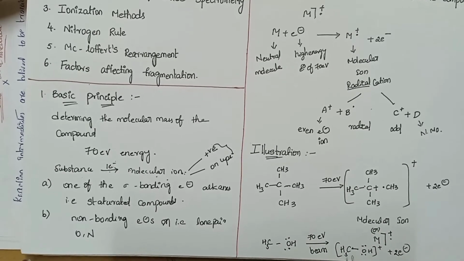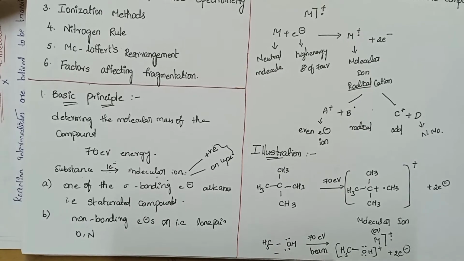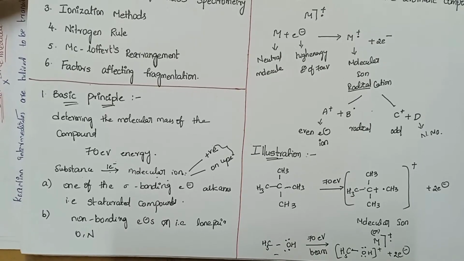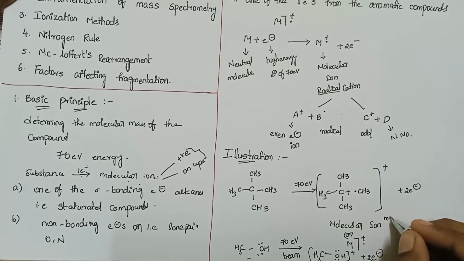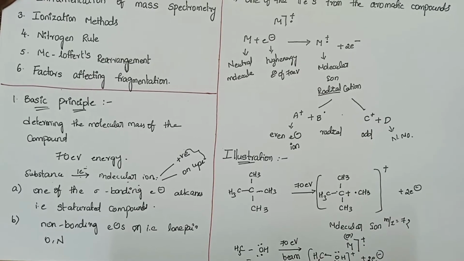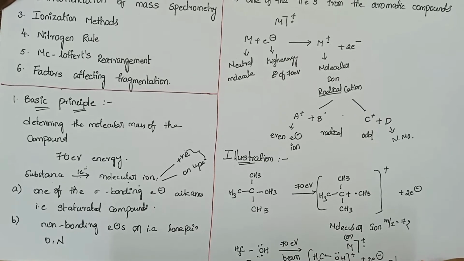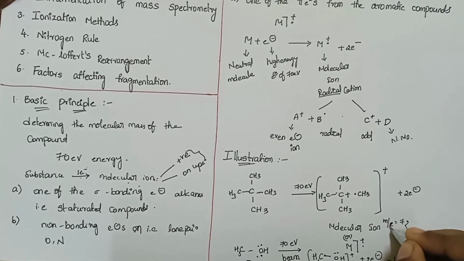In this case, non-bonding electrons are removed from the alcohol. The value of m/z for neopentane is 72, and the value of this molecular ion m/e is 32.